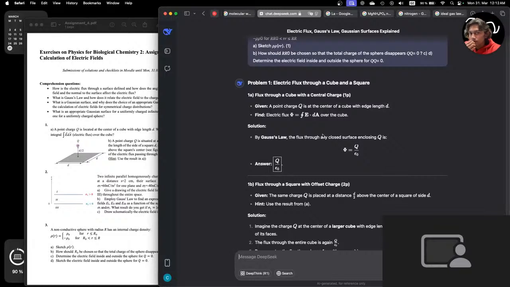Given a point charge Q at the center of the cube with edge d, electric flux is the integral of the electric field over the area of the cube. So we are taking the whole cube by Gauss's law. The flux through any closed surface enclosing Q is Q by epsilon-naught. So the answer is Q by epsilon-naught.